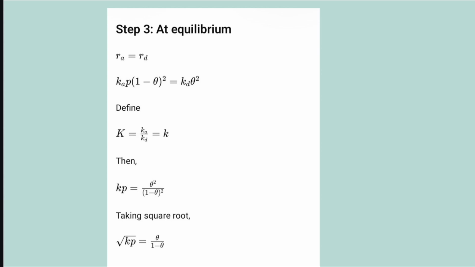Define K is equal to Ka divided by Kd. Then Kp is equal to theta square divided by (1 minus theta) whole square. Taking square root, square root of Kp is equal to theta divided by 1 minus theta.